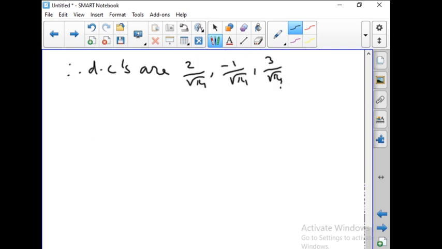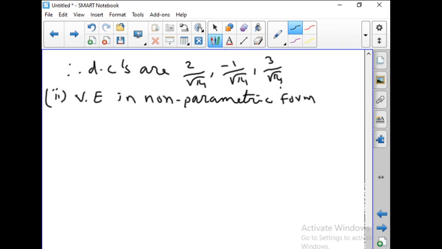Then the second one is asked to find the vector equation in non-parametric form. So we have to write the vector equation without parameters. So that is r vector minus a vector cross b vector is equal to 0.